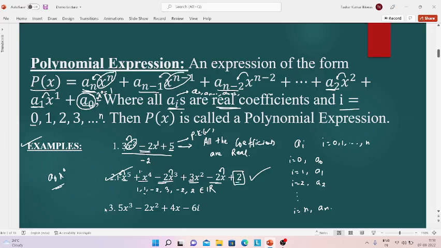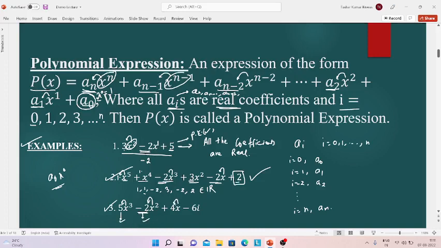So let me discuss another example, which is the third example. Here you can see that the coefficient of x to the power 3 is 5, which is real, so definitely it will not face any kind of issue, right? The part related to x to the power 2 is minus 2, so this is also real, so there will be no issue.